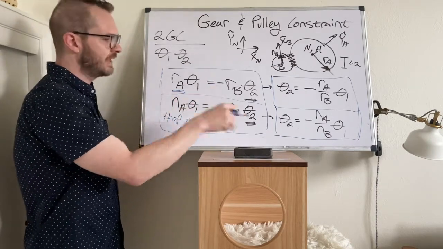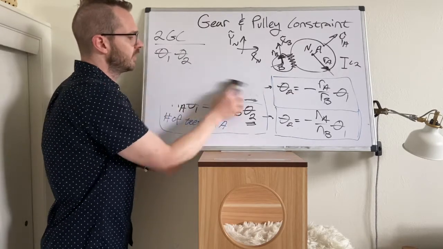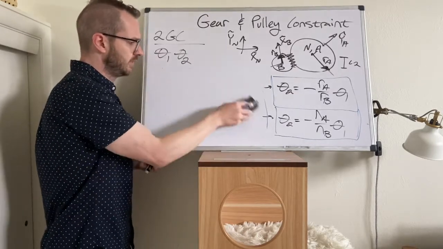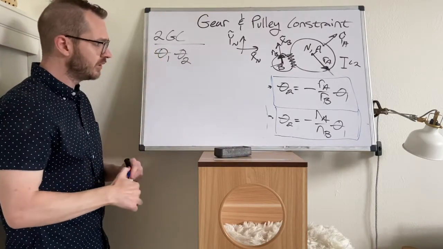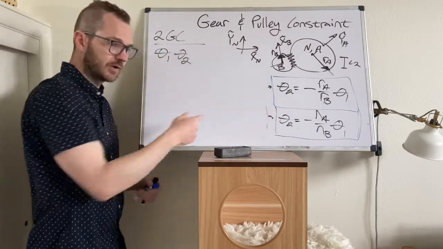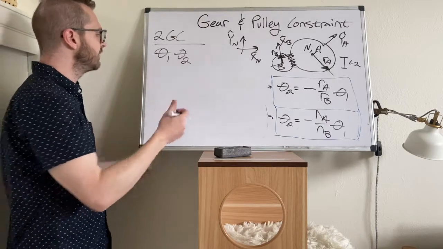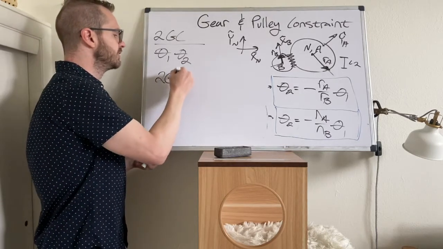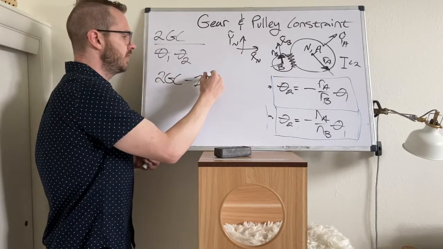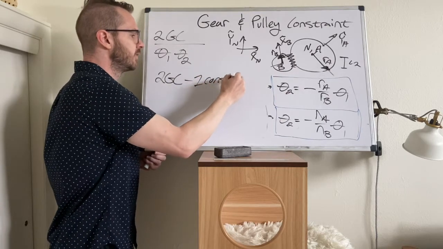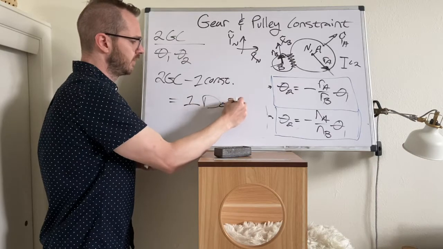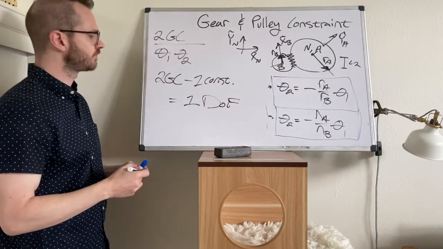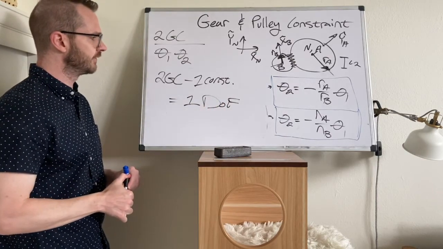So at the end of all of this, you have listed the number of generalized coordinates. You have derived a constraint equation, and that means 2 generalized coordinates minus 1 constraint equals 1 degree of freedom. And that's it. That's it for the gears.